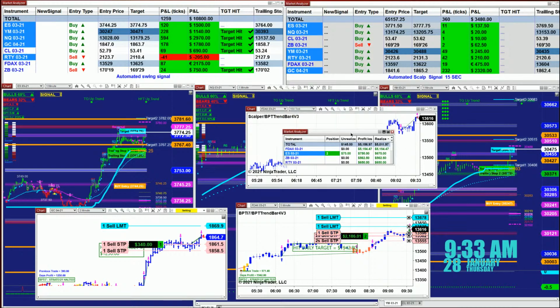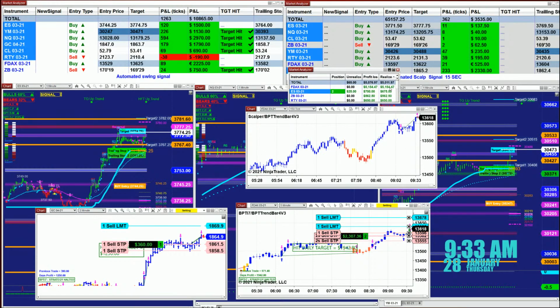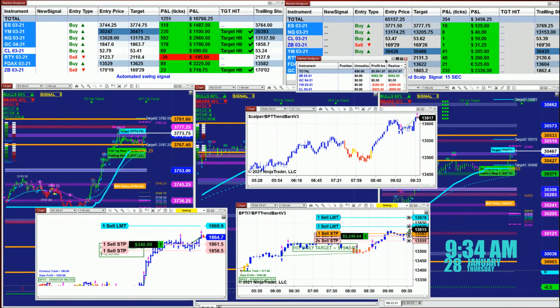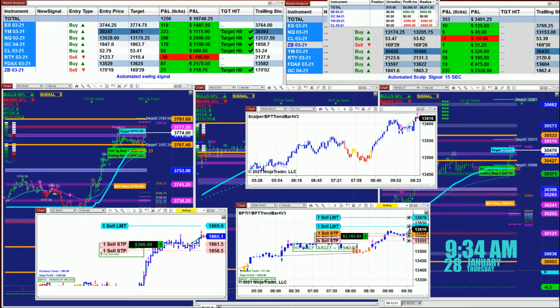The scalper nailed based on two contracts, and there is some now, nailed 5,000, and there is a little bit of trouble on the scalper, which we will cover.